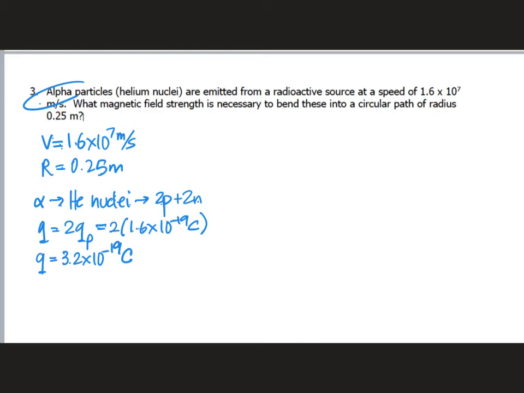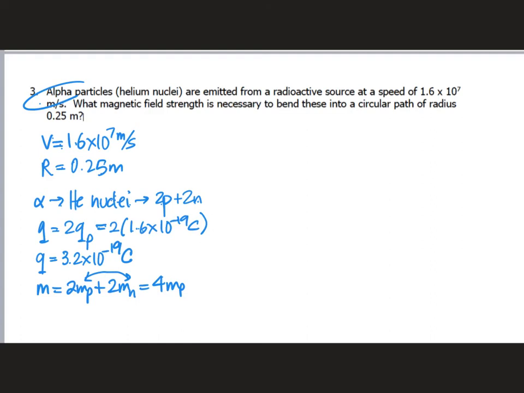And the helium nucleus is 2 protons and 2 neutrons. Now the mass of the neutron we're going to say is almost exactly the same as the mass of a proton. So we can essentially say that the mass is 2 times the mass of the proton plus 2 times the mass of the neutron, and we're going to say that those are basically the same. So that's practically 4 times the mass of the proton.